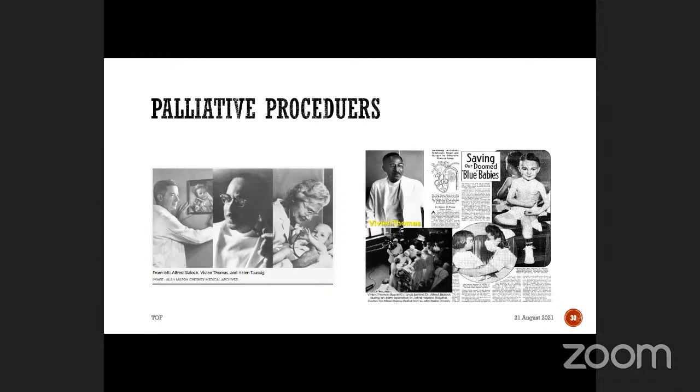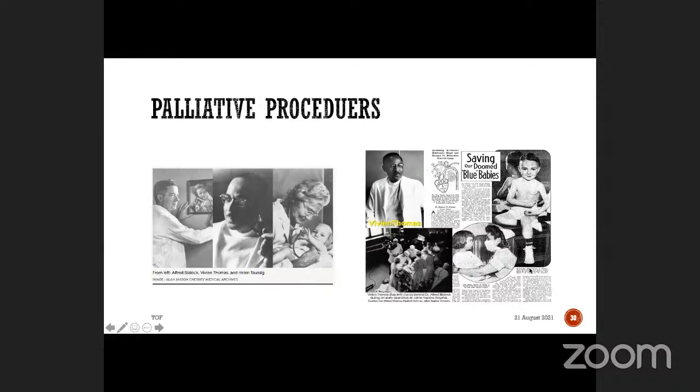Vivian Thomas is actually his lab technician, and Dr. Taussig is a pediatric cardiologist who was the first female pediatric cardiologist at Harvard, who was assigned to the blue baby ward because she was a female and they didn't want to deal with her. And these are dying kids, so she basically invested her time and life for these kids.